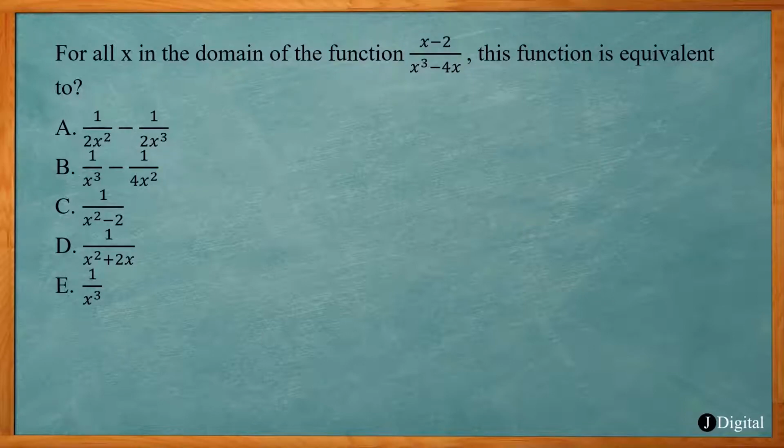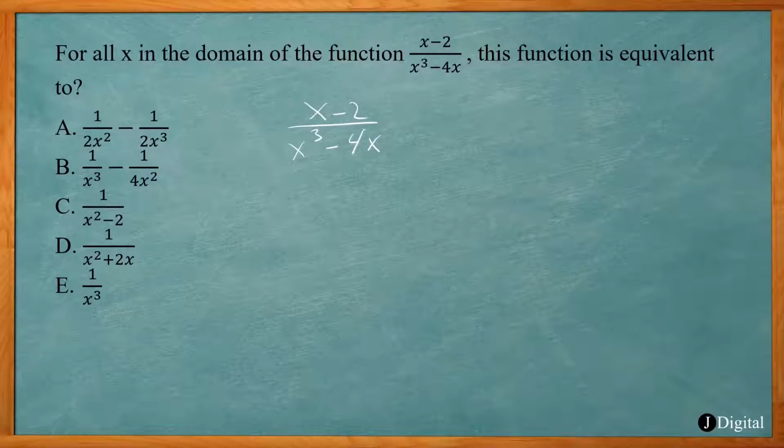In this next ACT problem, it says, for all x in the domain of the function x minus 2 divided by x to the third power minus 4x, this function is equivalent to. So again, we need to factor. We have x minus 2 over x to the third minus 4x.